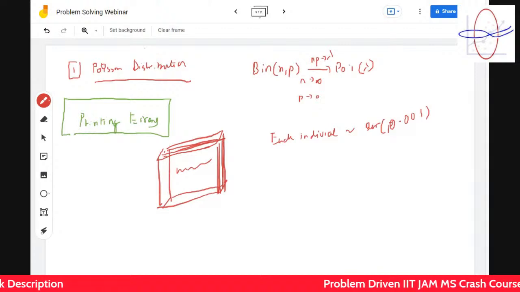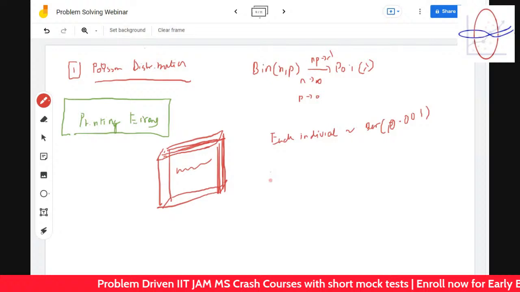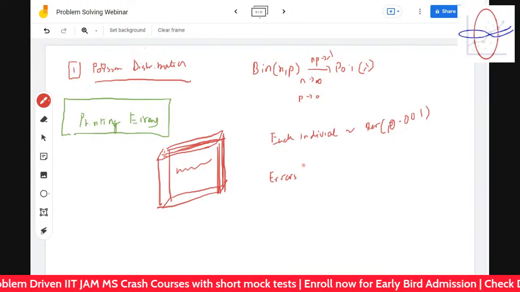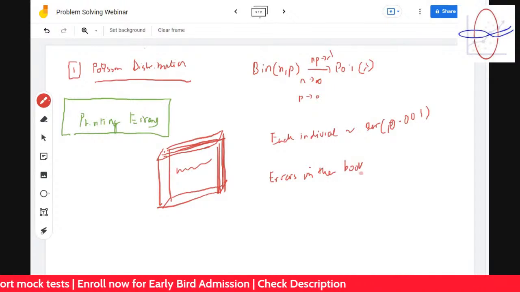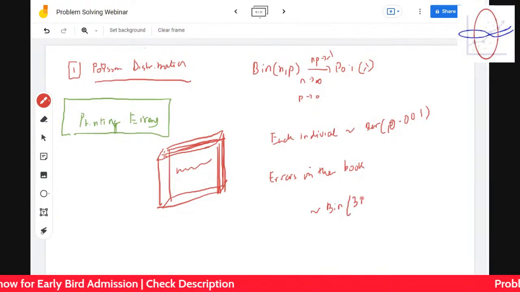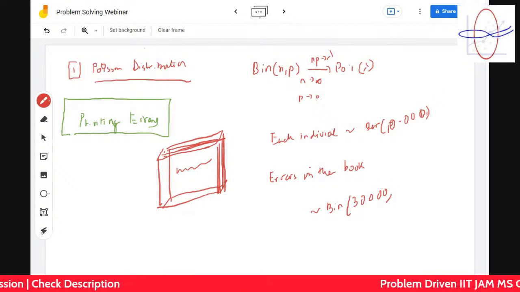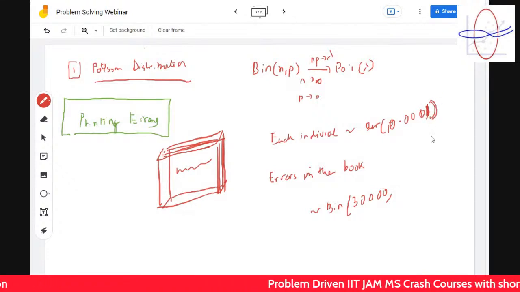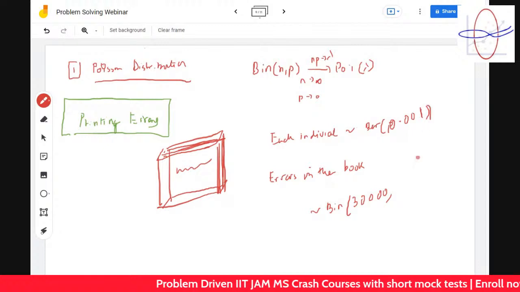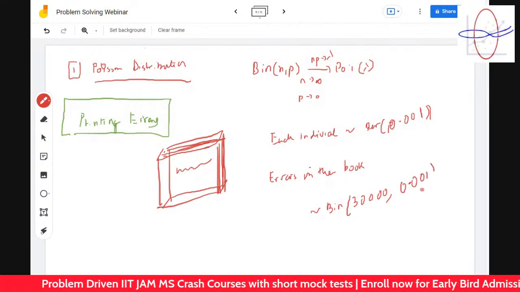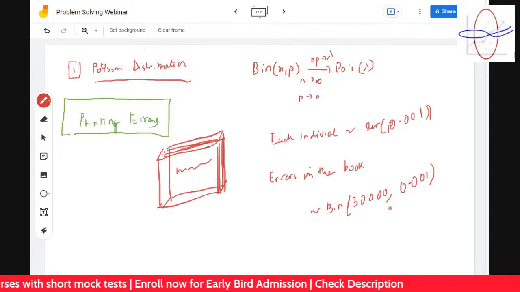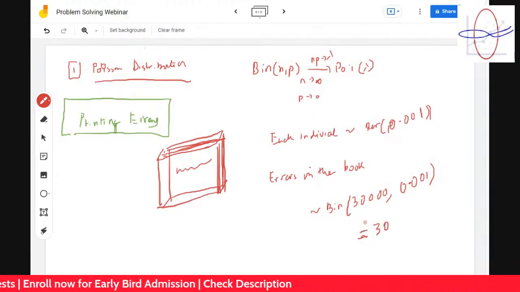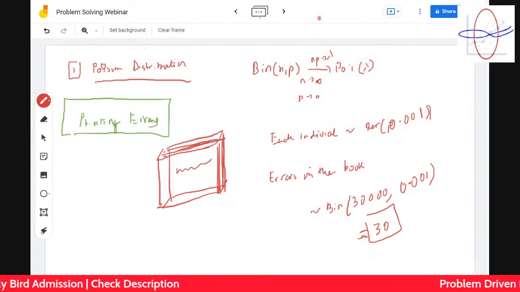That gives 30,000 words. So the number of errors in the book follows Binomial(30000, 0.001). This turns out to be around 30 typing errors, which is very reasonable.